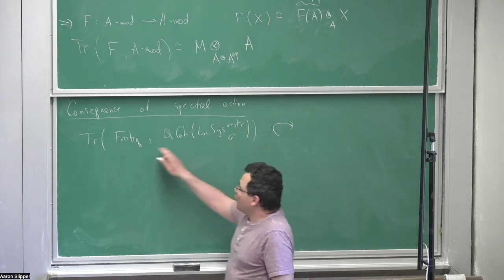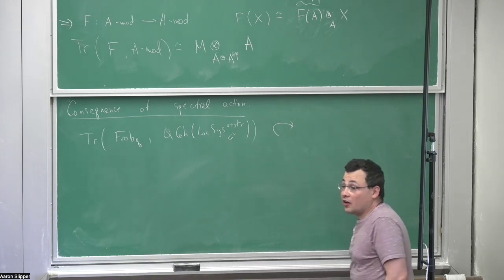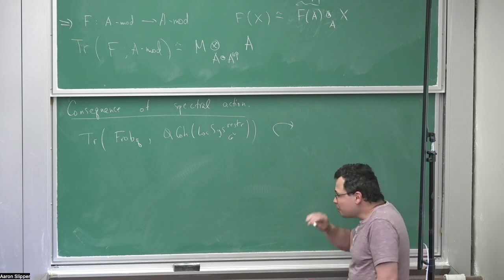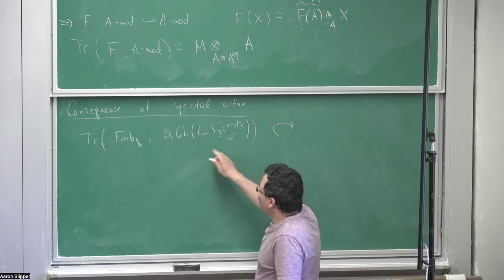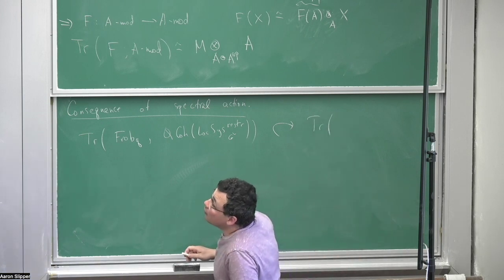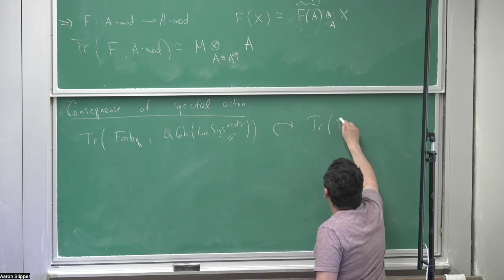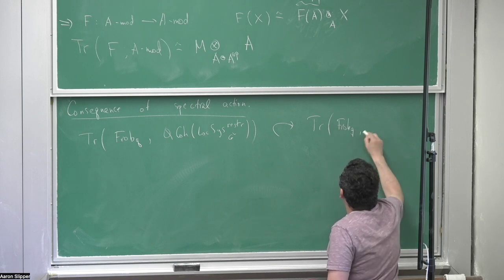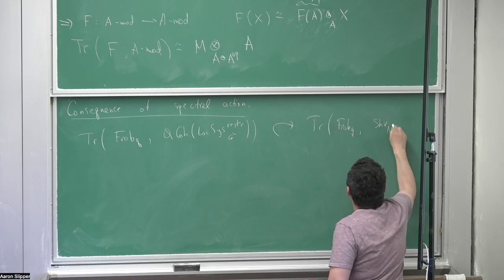So for this reason this acquires an algebra structure. And as an algebra, this acts on the trace of, again, Frobenius_q acting on the other side.